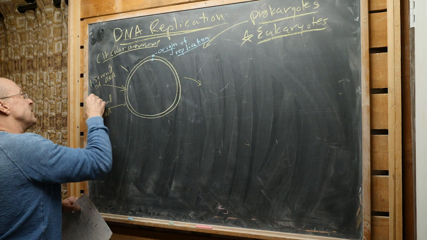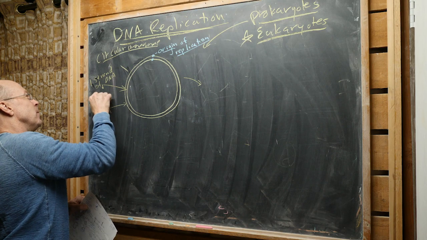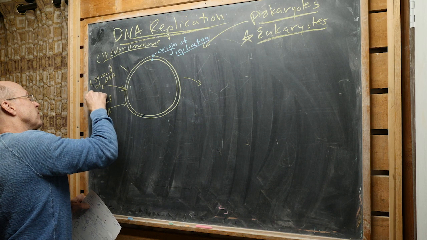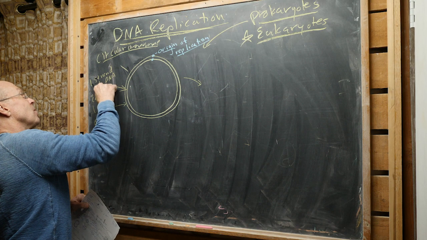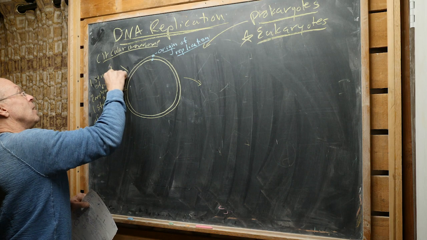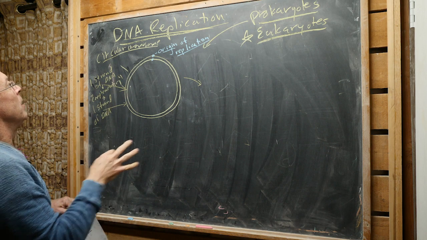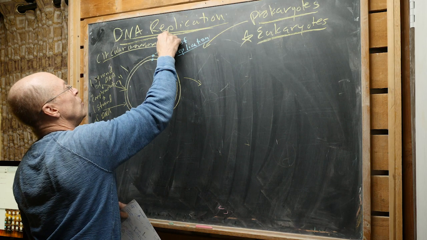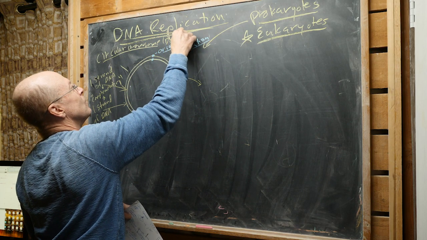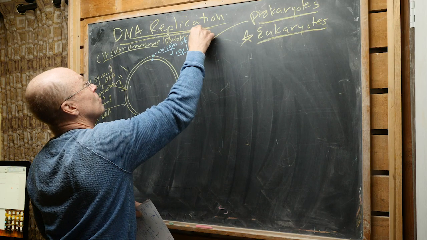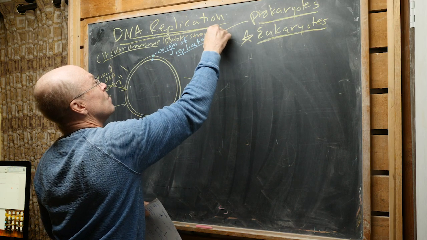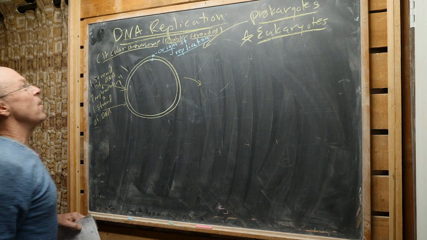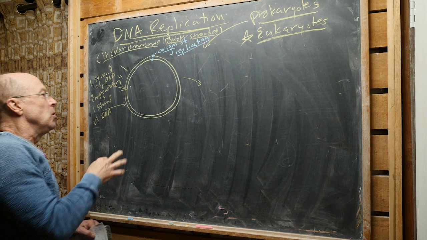So these guys are, between the two of them, complementary. And therefore, this circular chromosome is double-stranded DNA. Very important for you to know that.